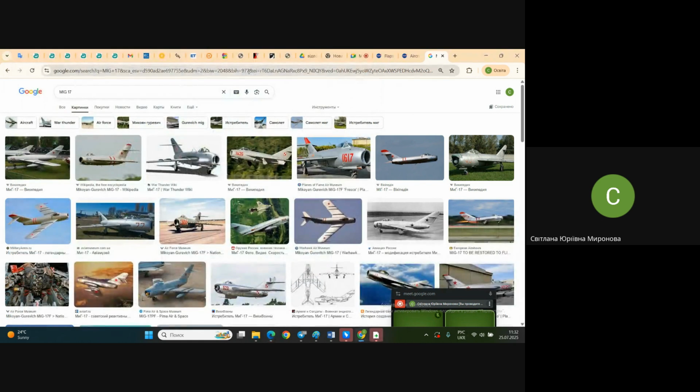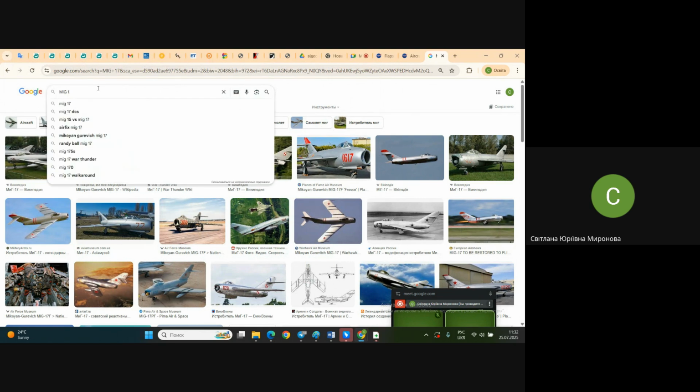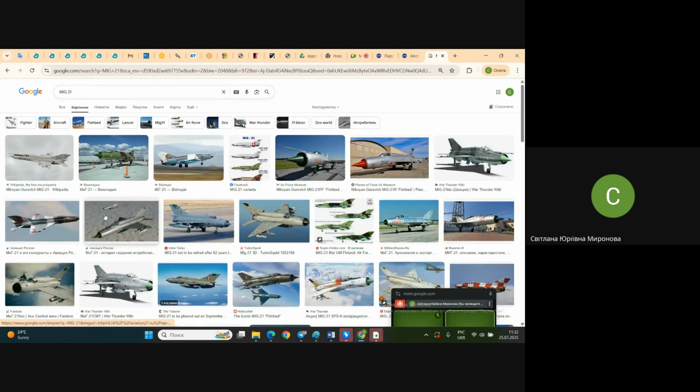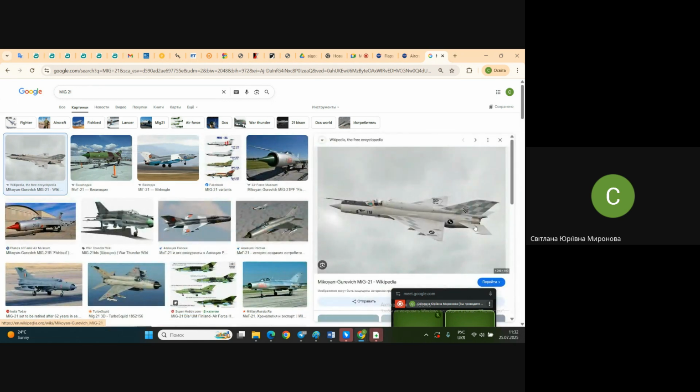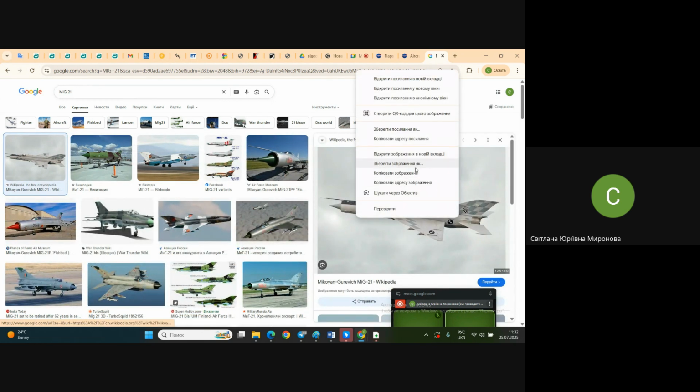So, in order to illustrate my words, the MiG-21. How to say it? Where may we notice its stabilizer? As for me, here it is visible.